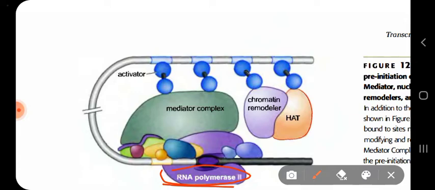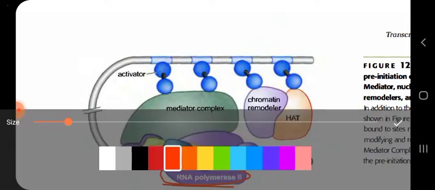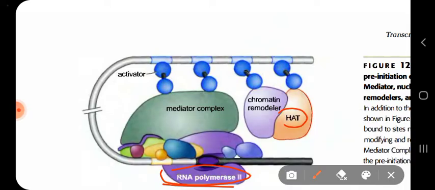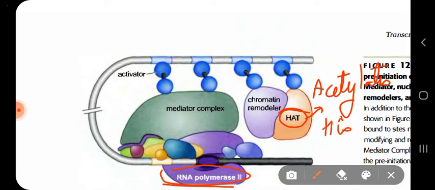So generally, what does histone acetyltransferase do actually? Histone acetyltransferase increases the gene expression, because it acetylates the histone proteins. Where does it acetylate the histone proteins? Now histone proteins have lysine amino acid.